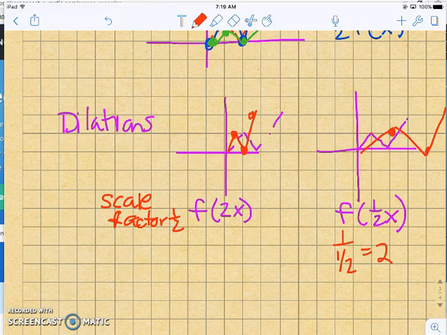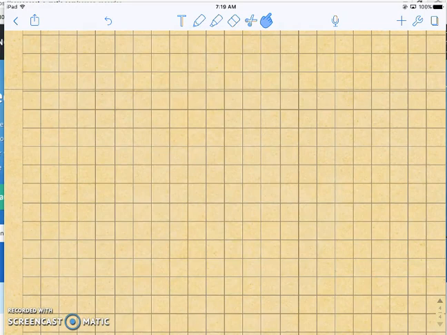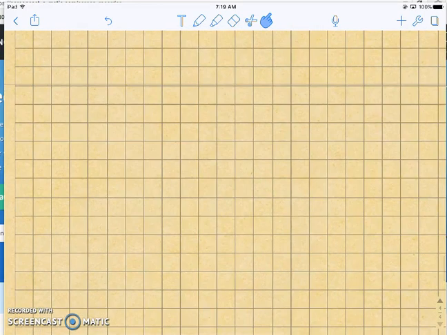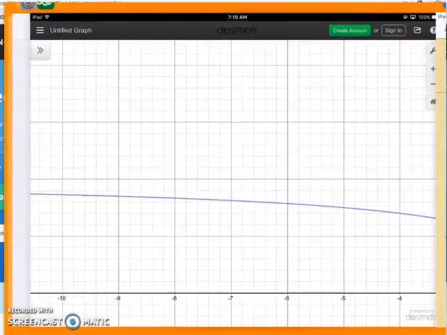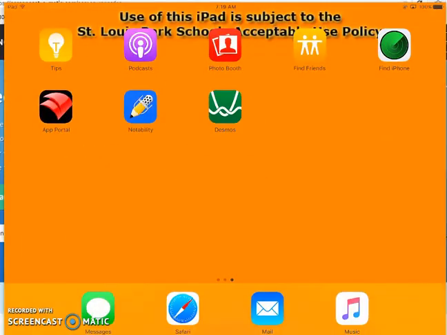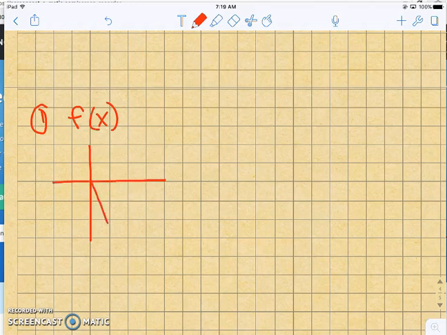So now what we're going to do is take a look at an example here. Let's say we have f of x, a graph. Whoops, sorry guys. And maybe our f of x looks like this.